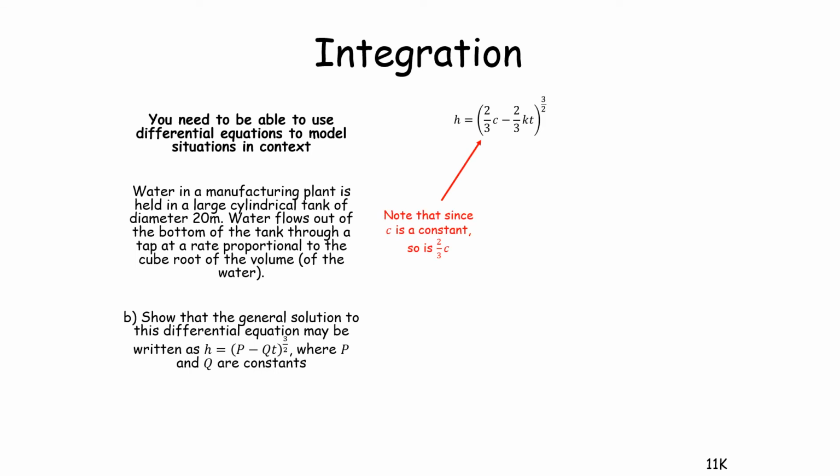And now we note that c is a constant, so 2/3 c is too, and we also note that k is a constant, so 2/3 k is too. So we could replace 2/3 c with a constant, let's call it p, and 2/3 k with a value called q. So here we have it.